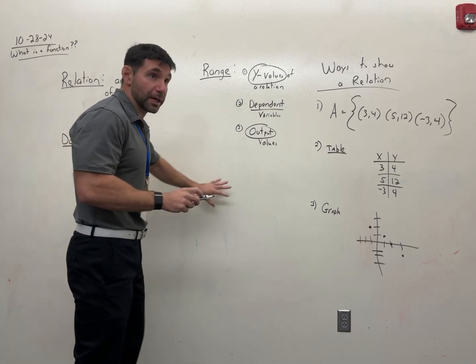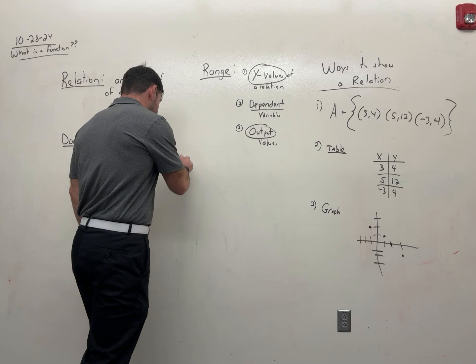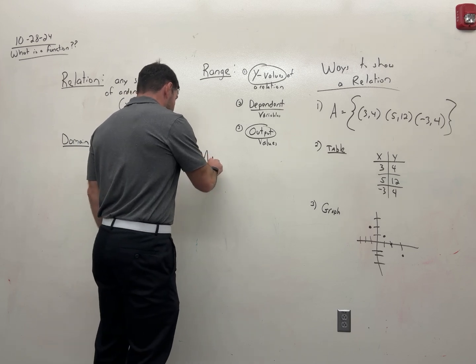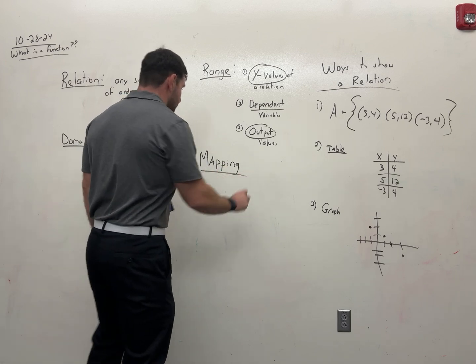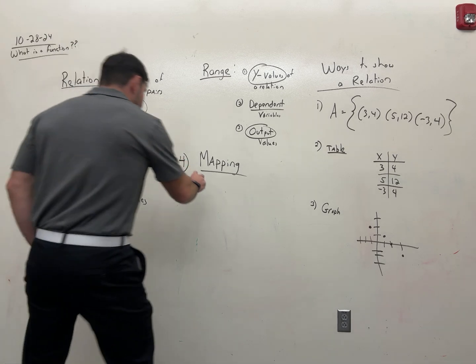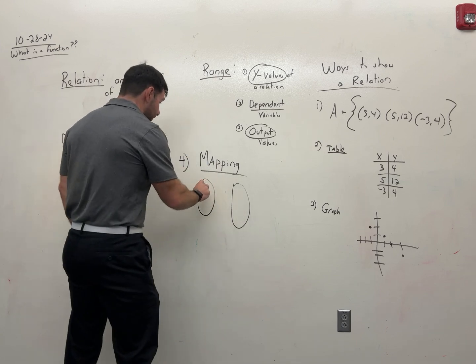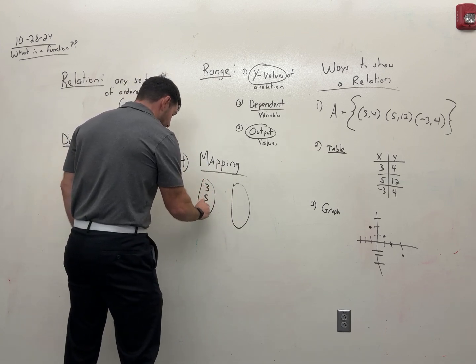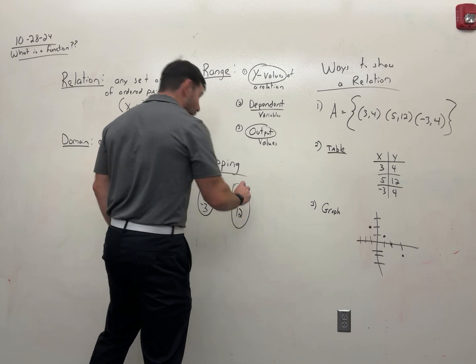May I put it over here, since I'm running out of space? The last way to show it is called mapping. You have 3, 5, negative 3, and 4, 12.